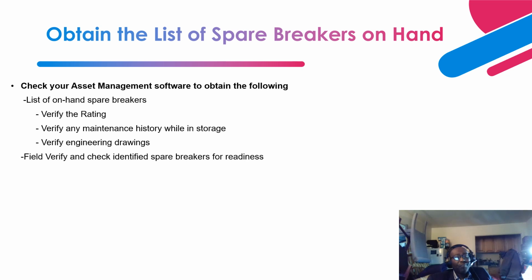So it is very, very important to verify the rating the asset management software gave you against what is in the field, which requires a field visit to verify the correct rating. Based on experience, I've run into several scenarios where the rating information in the repository was totally wrong compared with what is in the field.